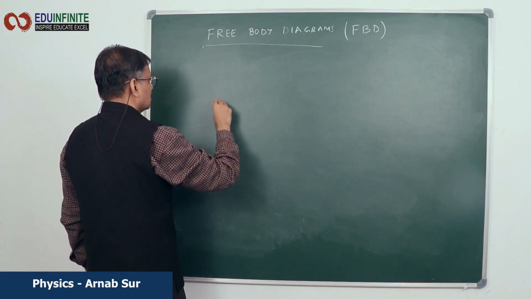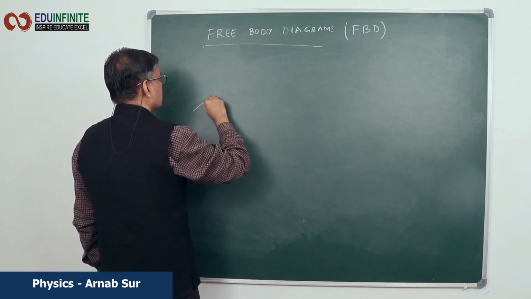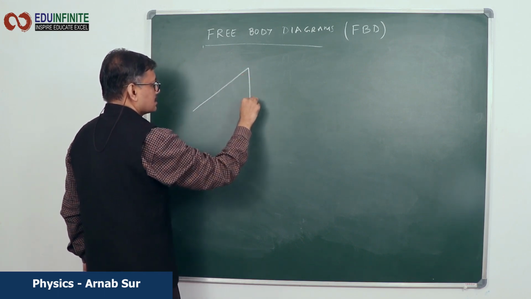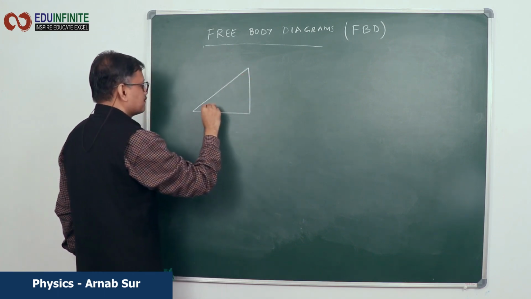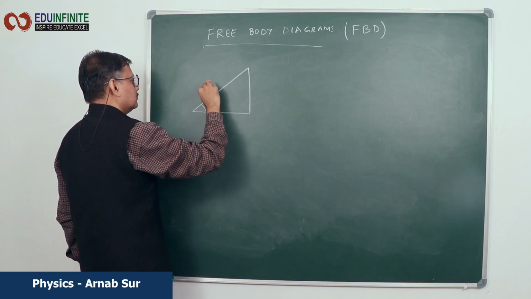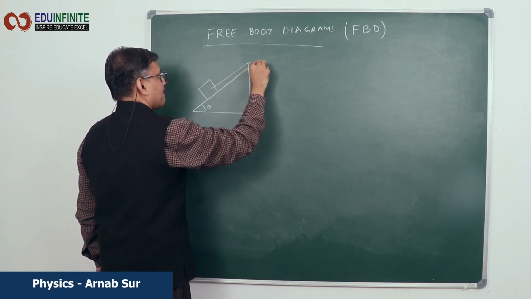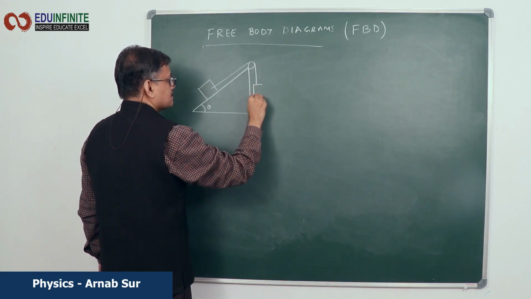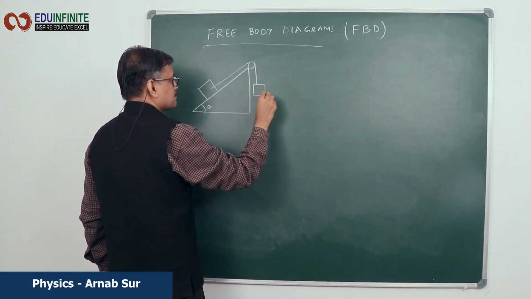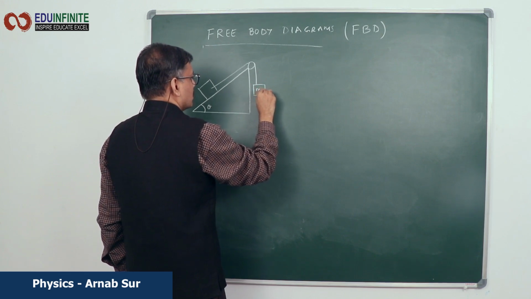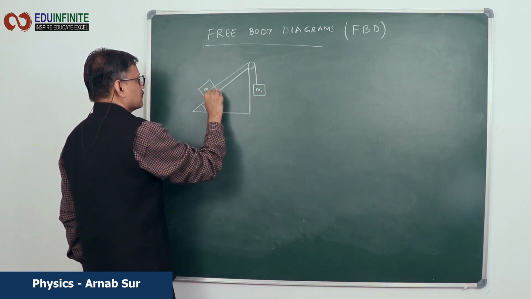So we can have what is known as an inclined plane. If you have something like this. So suppose this is M1, this is M2.